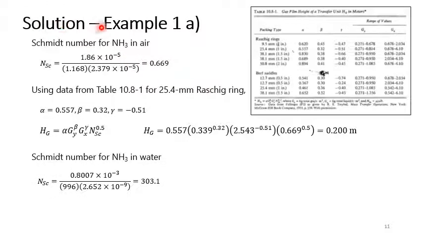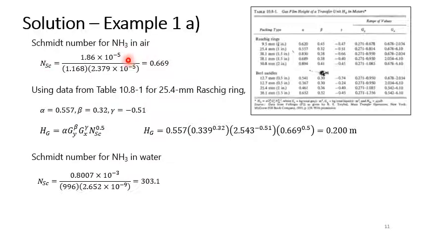So the solution for example 1 part A is to calculate Hg, HL, and Kya. We start with Hg, the gas phase, first. We take this table from the book, Table 10.8-1, the gas film height of a transfer unit Hg in meters. We can use the correlation here: Hg equals this. So we need the values of alpha, beta, gamma, and NSc, the Schmidt number. We calculate the Schmidt number for ammonia in air.